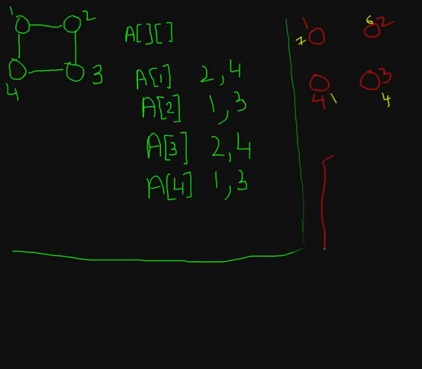Okay, so the adjacency matrix is going to be, okay, I can do that better, right? So 0, 0, 0 is going to be completely empty since there are no edges, so all of these elements are going to be 0.